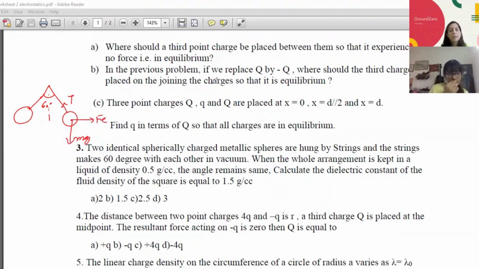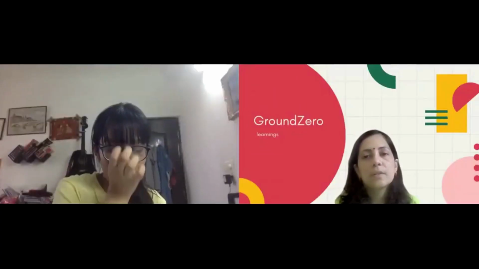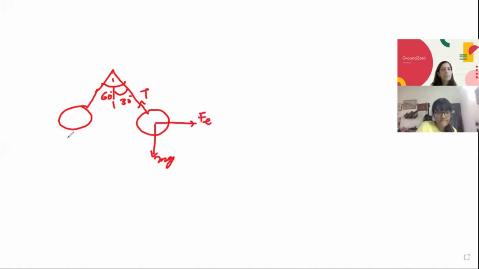So what we had done, we had found the equations using the free body diagram, right? So what was that? This angle is 60 degrees, so this becomes 30 degrees. This is the tension T, mg, Fe. We resolve this T into two components. This angle is theta, so this will also be theta.